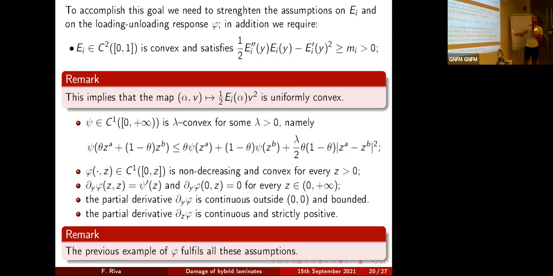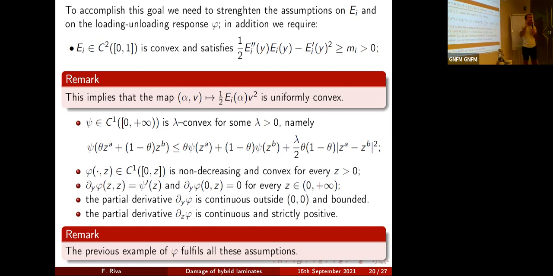So this is not a restrictive assumption. And the second assumption is that in the first variable, y, it has to be non-decreasing and convex. But in our example, it was quadratic, so this is fulfilled. Then there are three other technical assumptions that I don't want to comment on, but I want only to say that the previous explicit example fulfills all these five conditions.